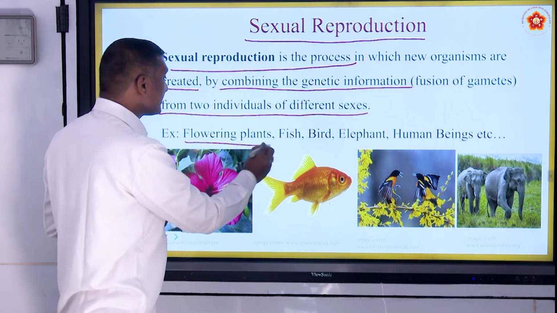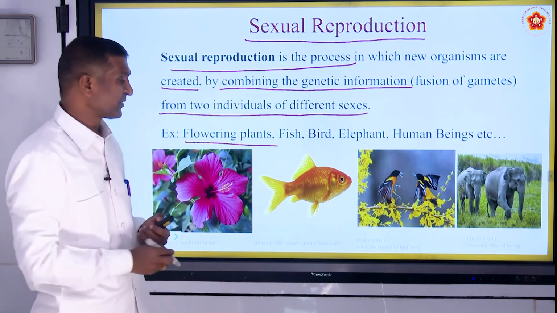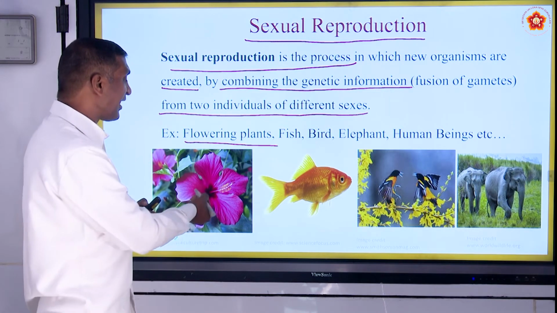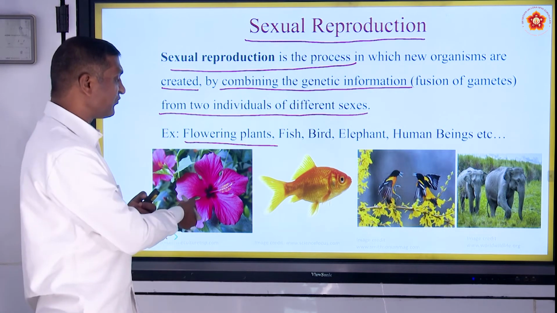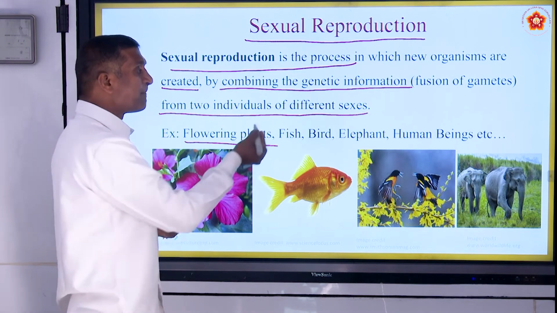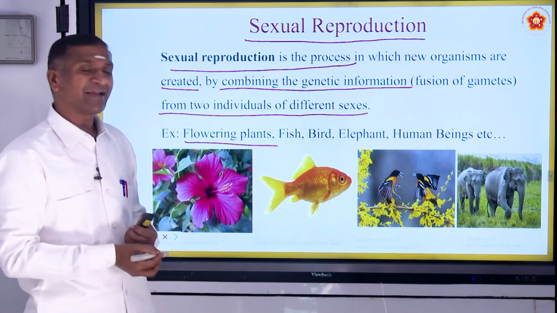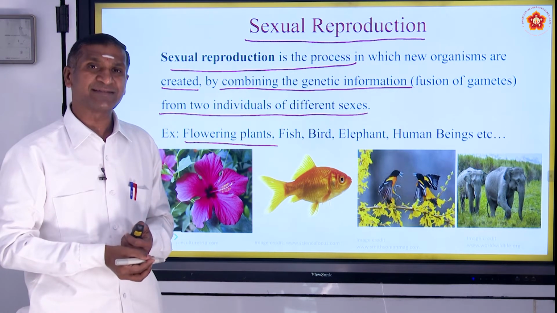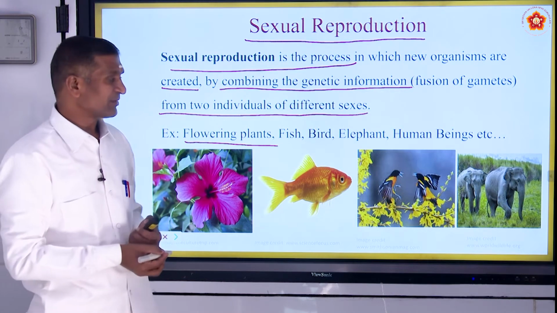Flowering plants, which are termed as angiosperms. An example, the hibiscus flower picture is being viewed by all of you. Fish, birds, elephants, human beings, etc. are the examples which undergo sexual reproduction.